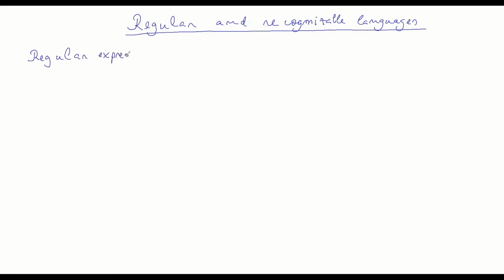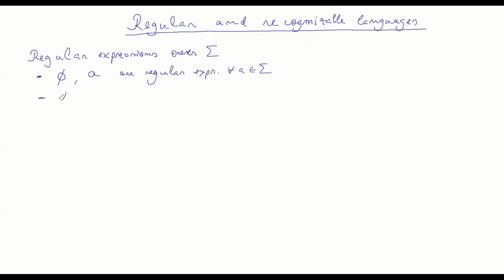So regular expressions over some alphabet sigma were defined in the following way. On one hand, the empty expression and this A, they are regular expressions for all A in sigma.